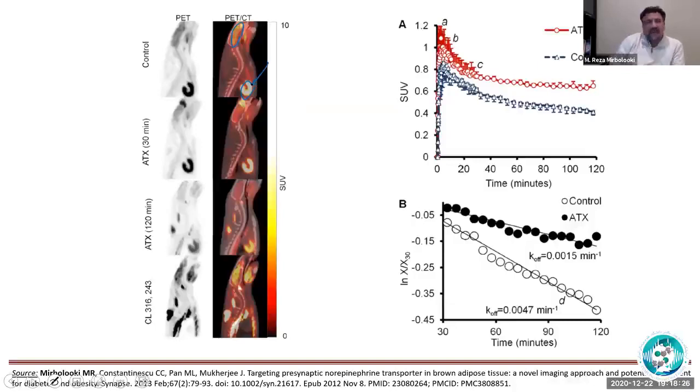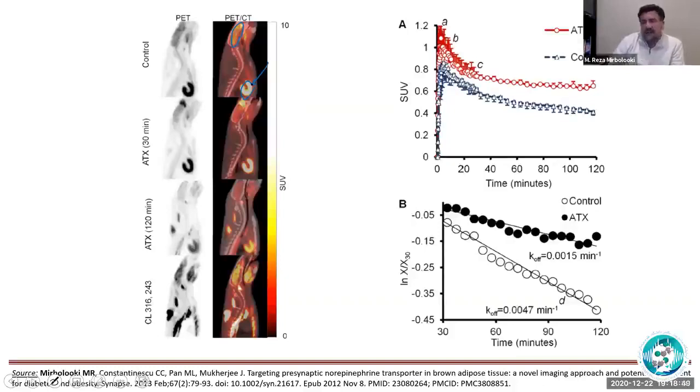So this could be a little bit of a problem if we want to translate this to the clinic. Do we need to ask people to take the medication only fasted, or can they take it at any time during the day? So for that reason, I did this experiment on non-fasted rats.